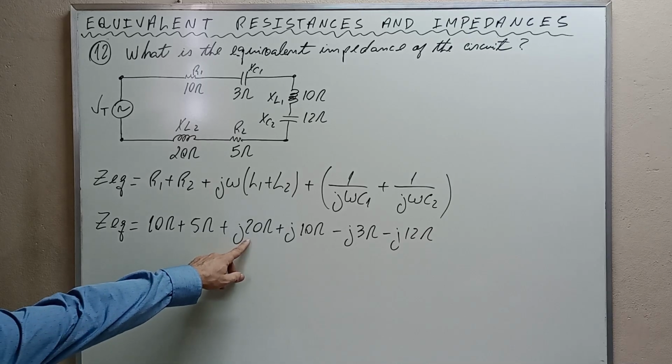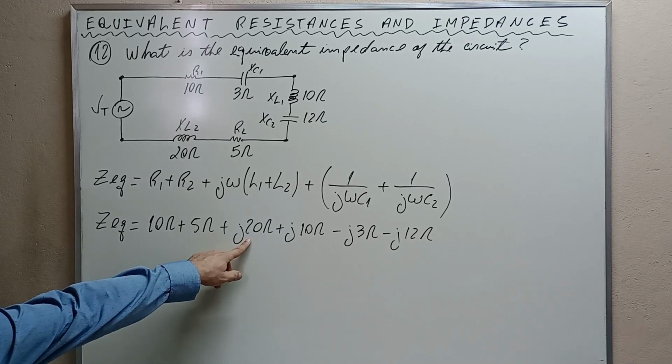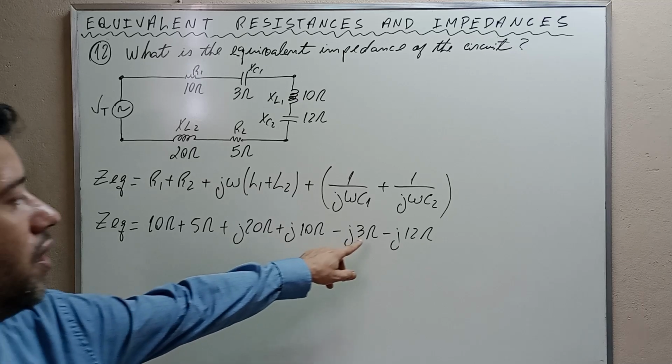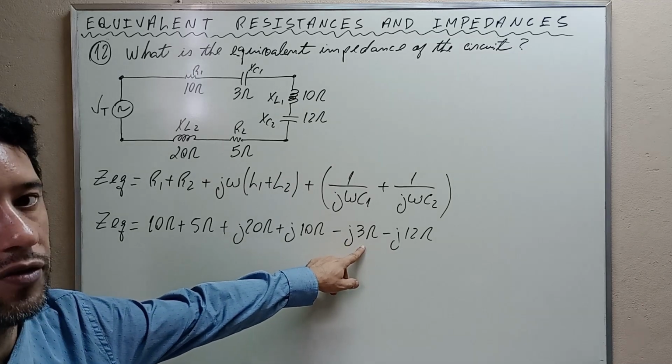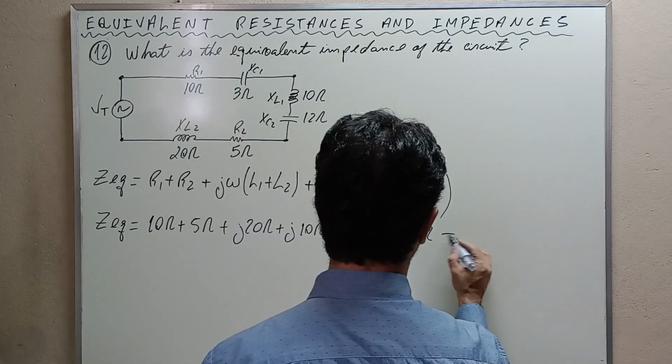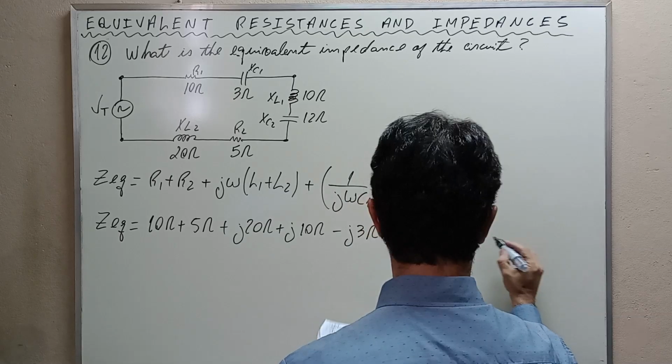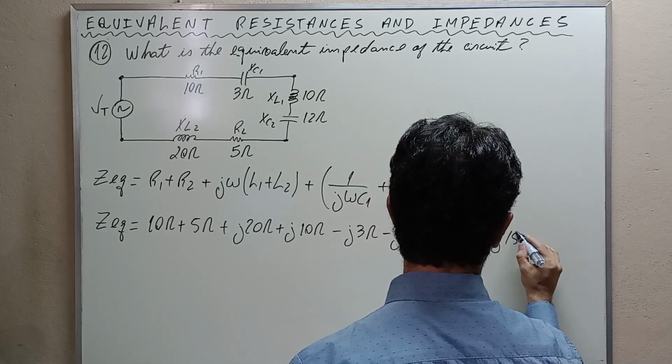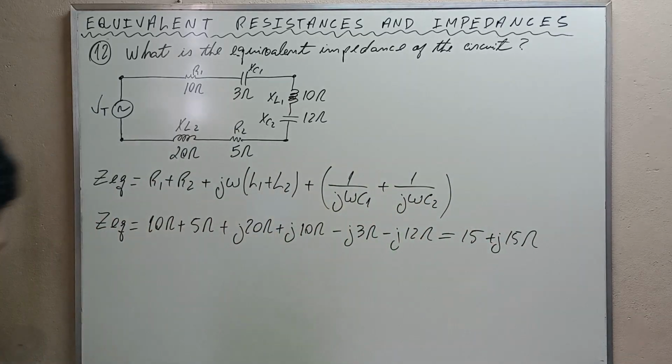Observe that the inductive reactance is positive and the capacitive reactance is negative. Summing these, we find 15 plus J15 ohms. As we want the magnitude of the equivalent impedance, we proceed as follows.